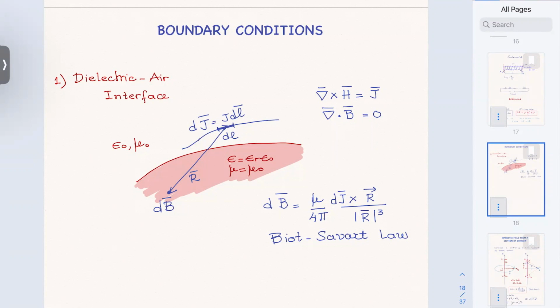And therefore, for a magnetostatic field, the presence of a dielectric material is not visible. The magnetostatic field practically is blind to dielectrics, which is very interesting.